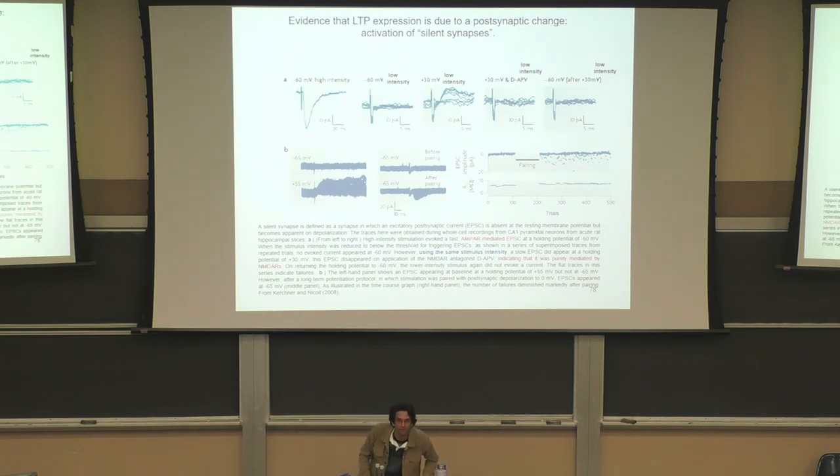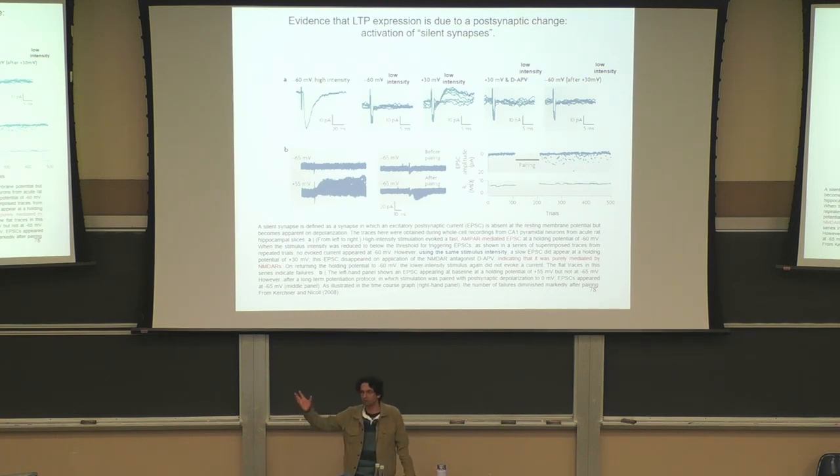Just to clarify, so we talked about using more AMPA receptors on the postsynaptic neuron if there's LTP. So that would be postsynaptic evidence. Yes. So we're saying that there's both presynaptic and postsynaptic. Yes.